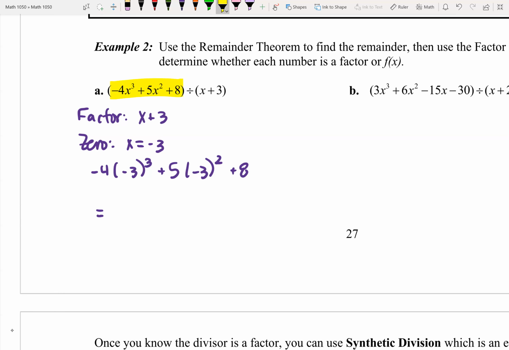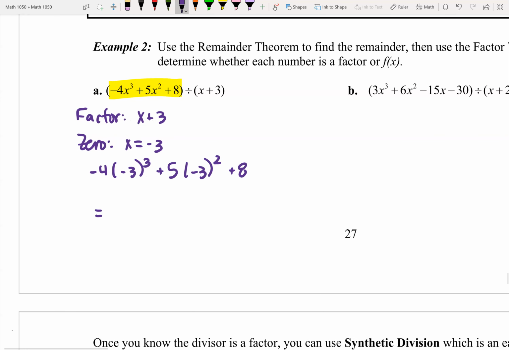Hit the white negative button, 4, multiply, enter. And the way you raise something to the third, guys, on the left side about 5 buttons up, is that caret button. So you hit that, raise it to the third, plus 5, multiply, enter, x squared, plus 8, hit enter, and you get 161.